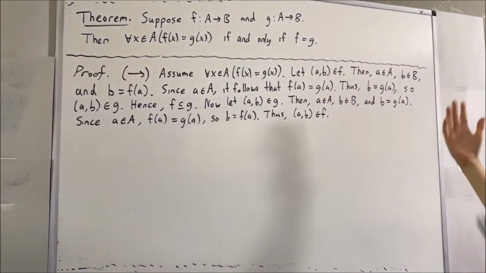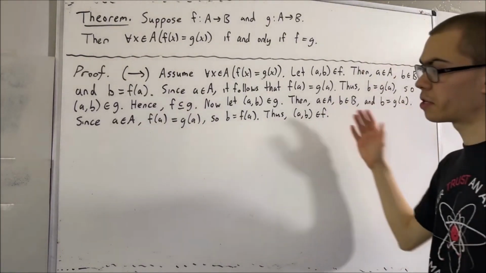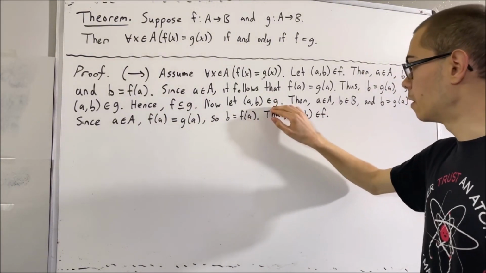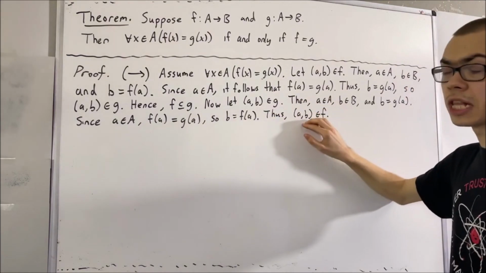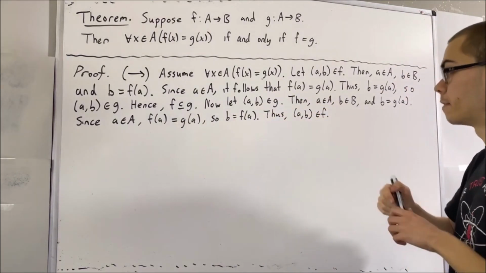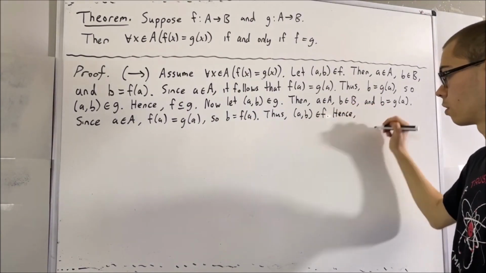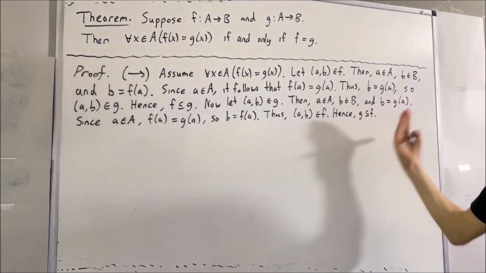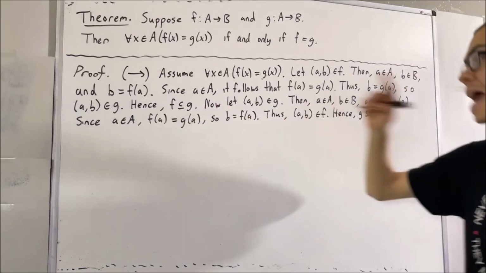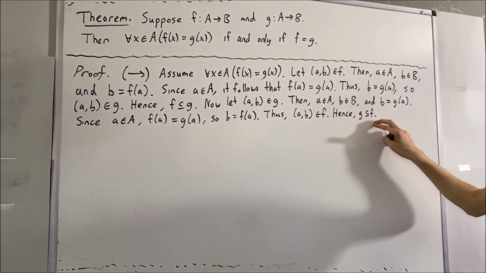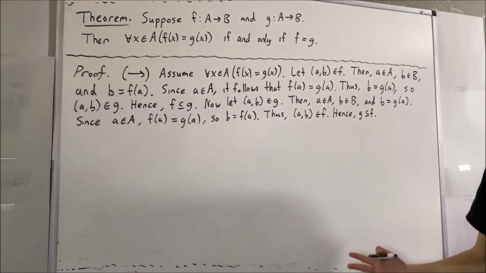And so, again, what we've shown here is if we consider some arbitrary element of g, we find that that same arbitrary element is also in f. Therefore, g is a subset of f. And because both f is a subset of g and g is a subset of f, we have that f equals g.